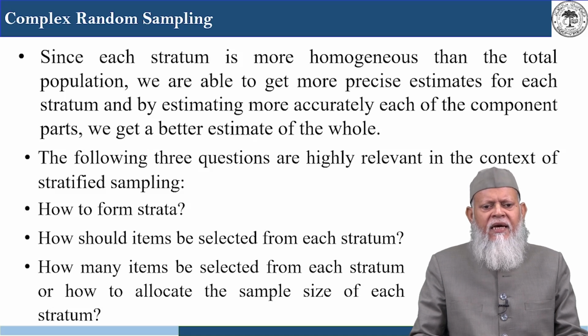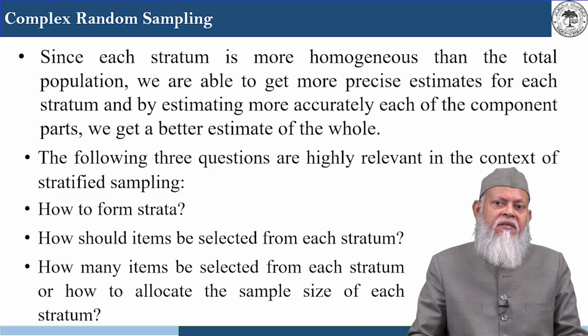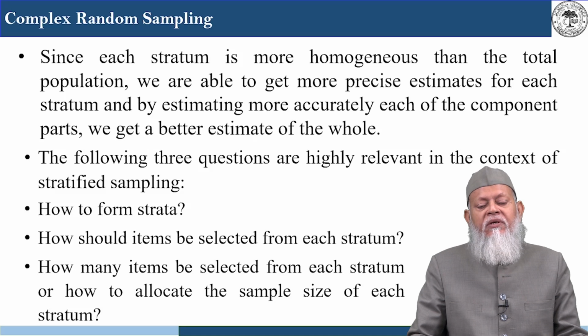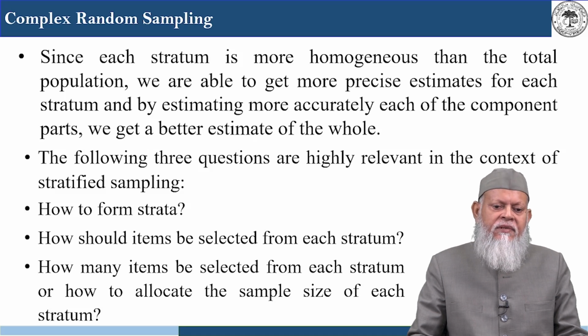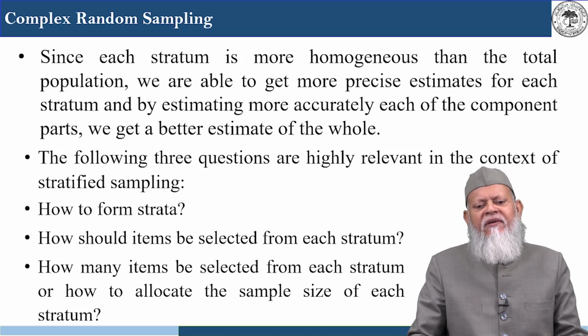However, there are certain questions highly relevant in the context of stratified sampling. Number one, how to form the strata. Number two, how should items be selected from each stratum? How many items should be selected from each stratum, and how to allocate the sample size of each stratum?